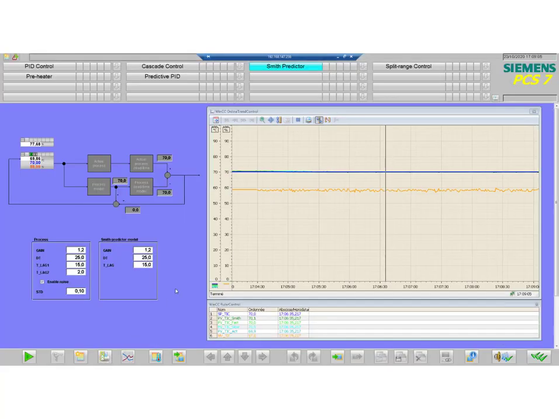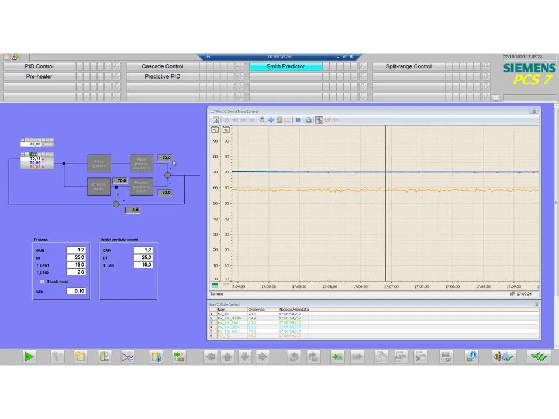So we can have a look at the interface in WinCC, and this is how you should make it, right? So that you see that it is not a normal controller, and you should give access to all the signals.